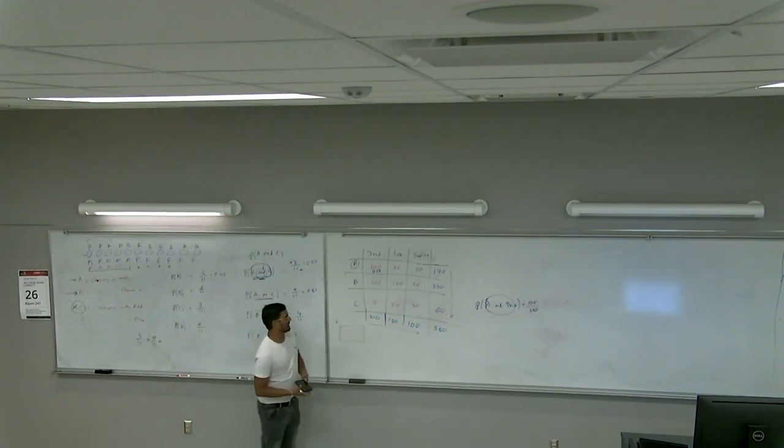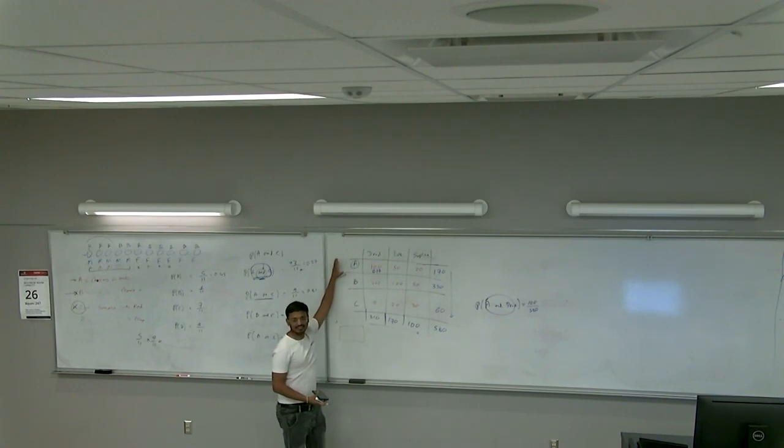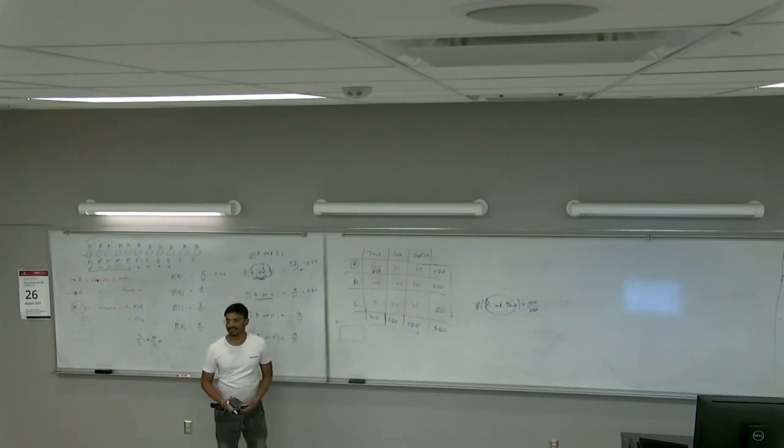Okay. Now here, this number 100 represents all trees which are dead and of type A. Correct?